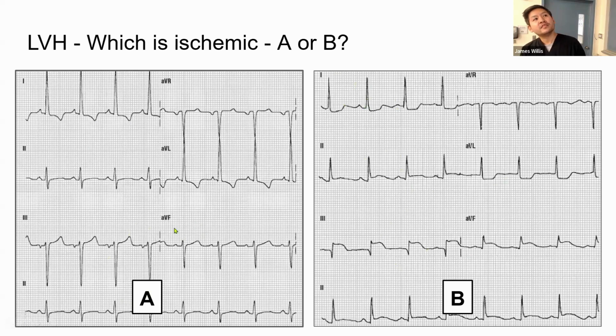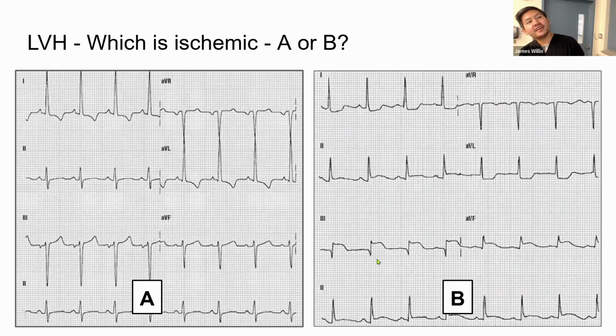On B, okay, it's quite small. Exactly, so this is out of proportion. Your ST elevation is out of proportion to your S wave, and this morphology is very concerning. So you guys are right, B is concerning for ischemia.